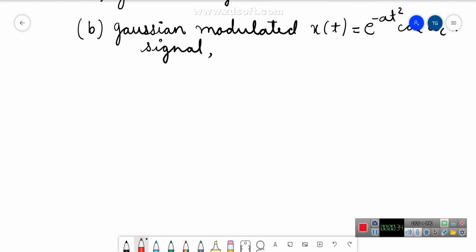the Fourier transform of the Gaussian signal. So part A first, that is x of t is given by e to the power minus at square.